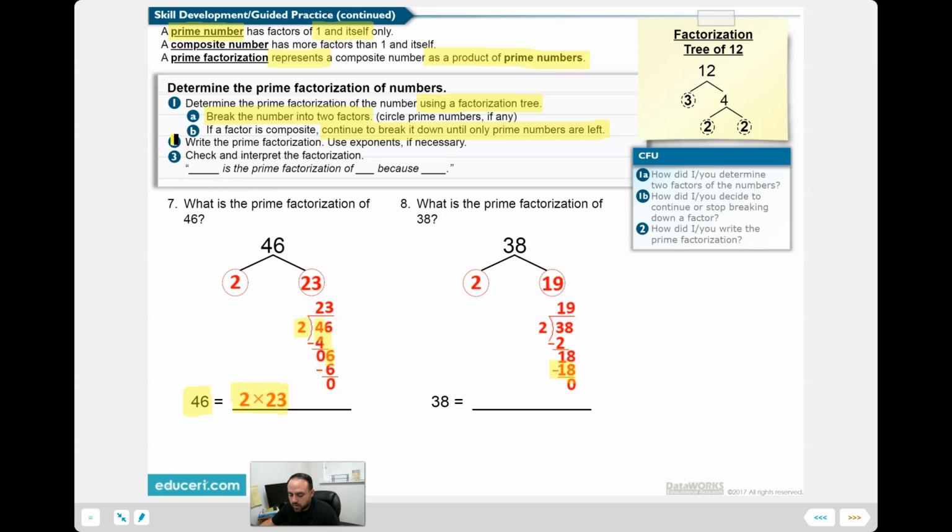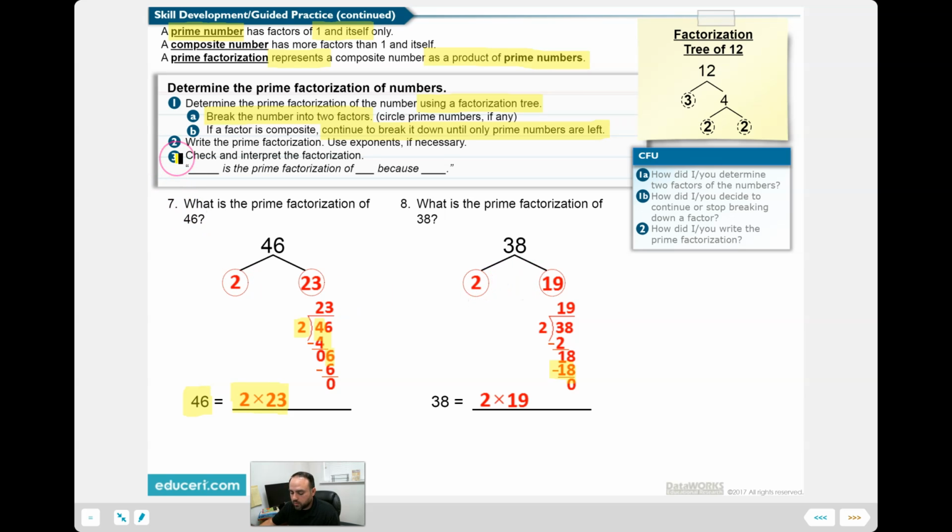Step 2, you read. Use the factor tree to write the prime factorization. 38 is equal to 2 times 19. We have no repeated prime endpoints, so we do not need to use exponents.